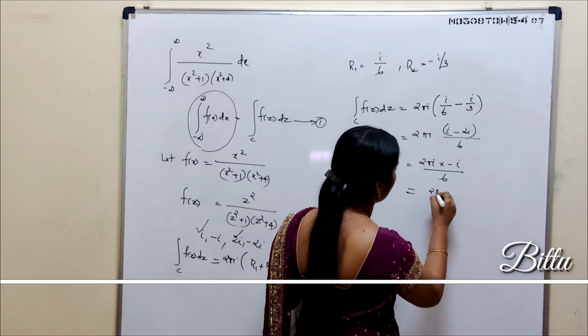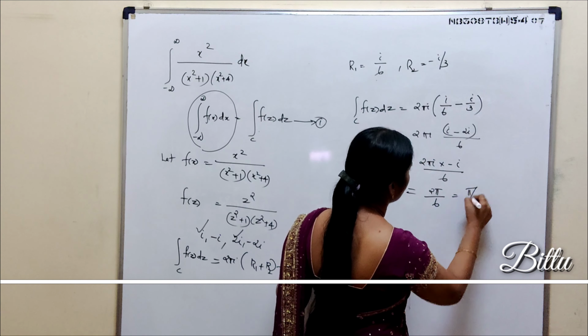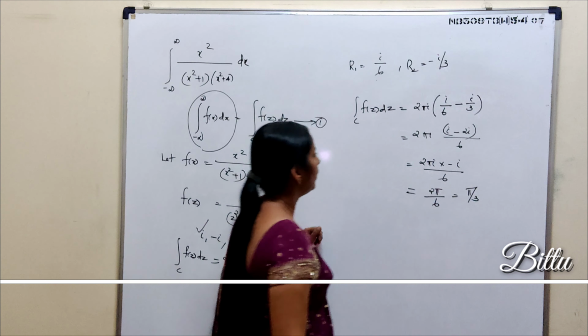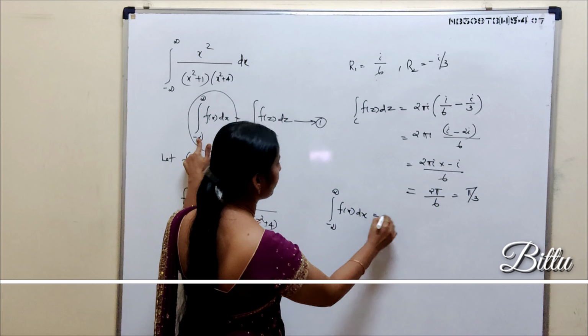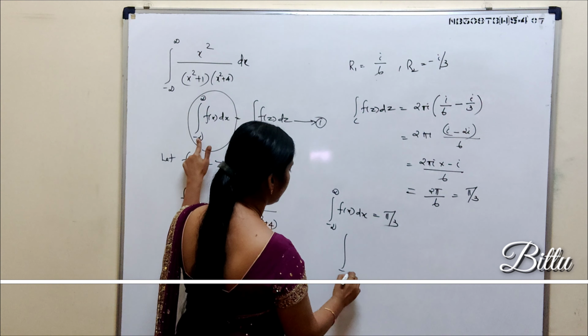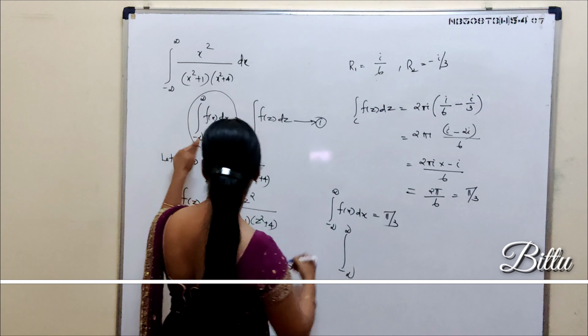So the answer is 2 pi by 6, that is pi by 3. You put this in equation number 1. You can see the integral from minus infinity to infinity of f(x) dx is pi by 3. You replace f(x): our f(x) is x square by (x square plus 1) into (x square plus 4) dx, and it is pi by 3.